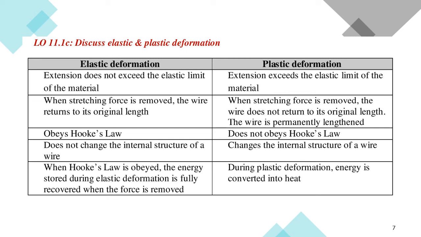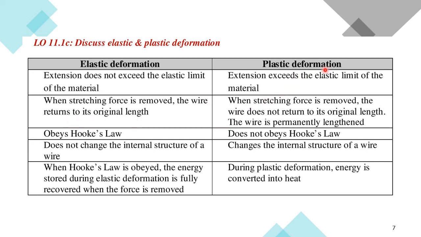Now, let us compare elastic deformation and plastic deformation. For elastic deformation, extension does not exceed the elastic limit of the material. But for plastic deformation, extension exceeds the elastic limit of the material. For elastic deformation, when stretching force is removed, the wire returns to its original length.